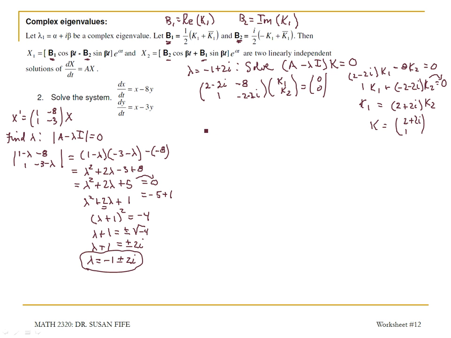And so notice that k can be written as the vector 2, 1 plus the vector 2, 0 times i. So we've got our real part and we have our imaginary part.